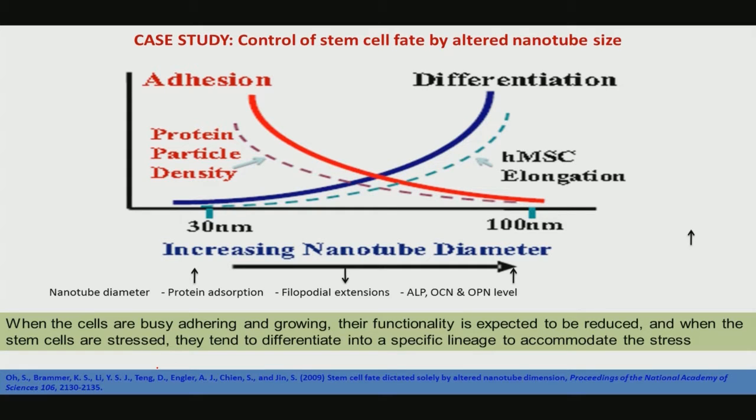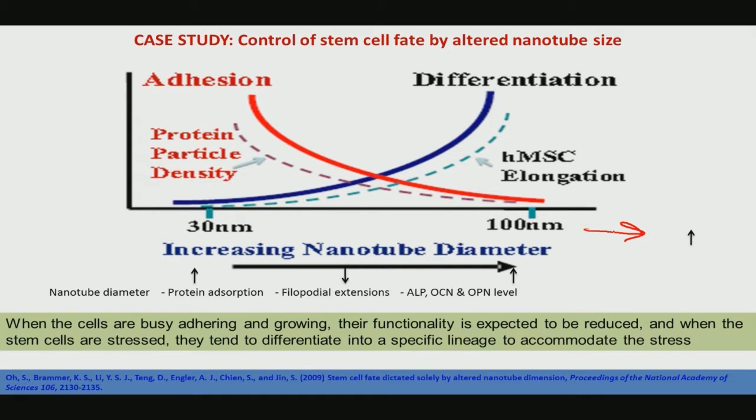This schematic plot essentially is a qualitative description of how stem cell adhesion and differentiation vary as you change the titanium oxide nanotube diameter along the x axis.